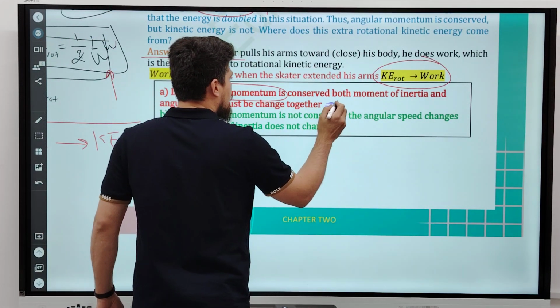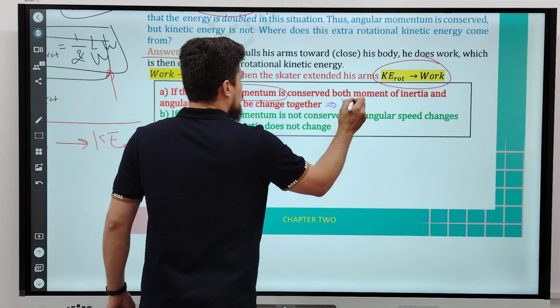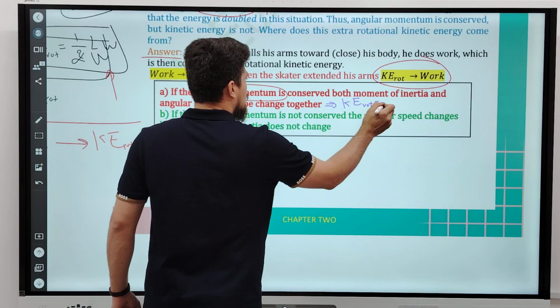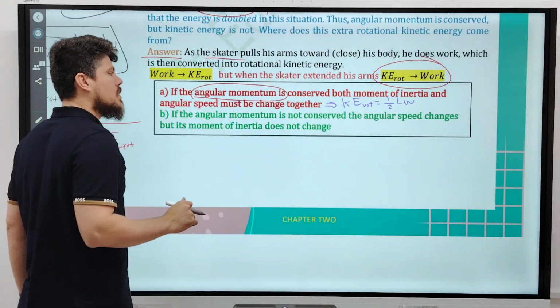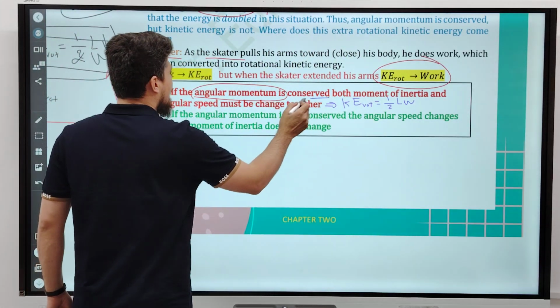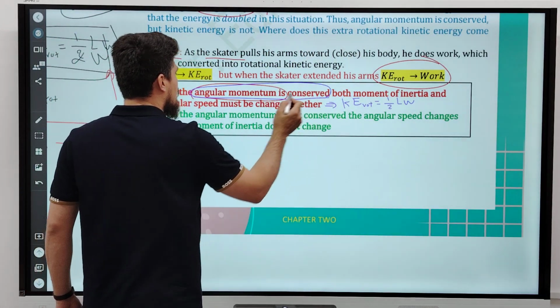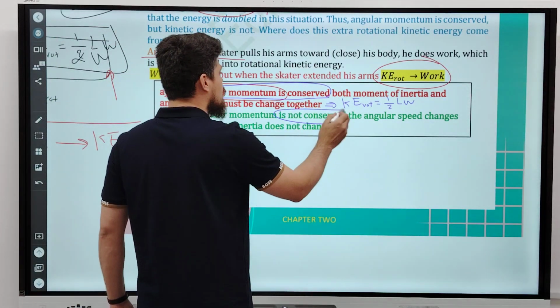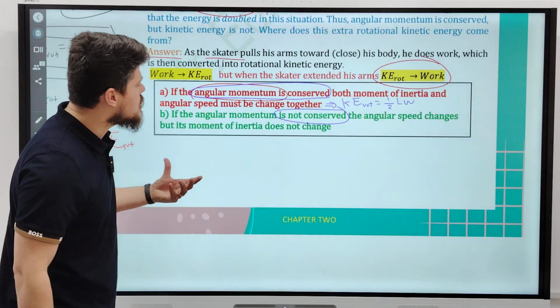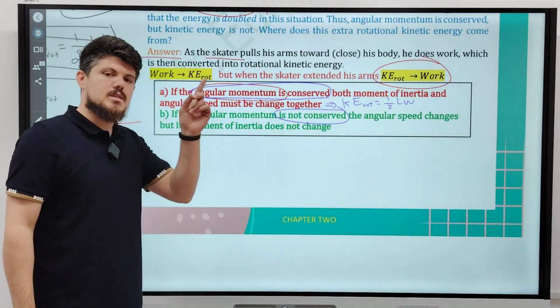So write down here, in that case, rotational kinetic energy is equal to 1/2 L omega, without the square, because the angular momentum is conserved. But if the angular momentum is not conserved, the angular speed changes, but its moment of inertia doesn't change.